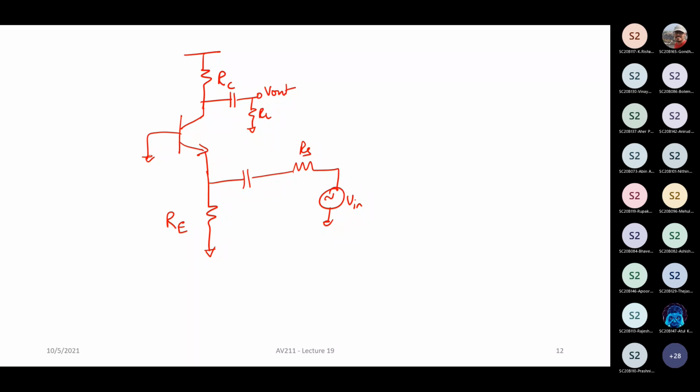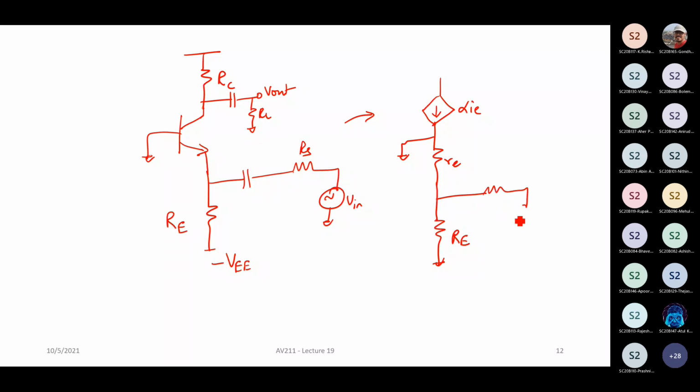Okay, sorry, this is not grounded. This is minus VEE. Now in the small signal equivalent circuit, what will happen? You get alpha times IE and you have RE. This is grounded. And at the emitter, you have this resistor R capital E, to which you are connecting your RS and VN.